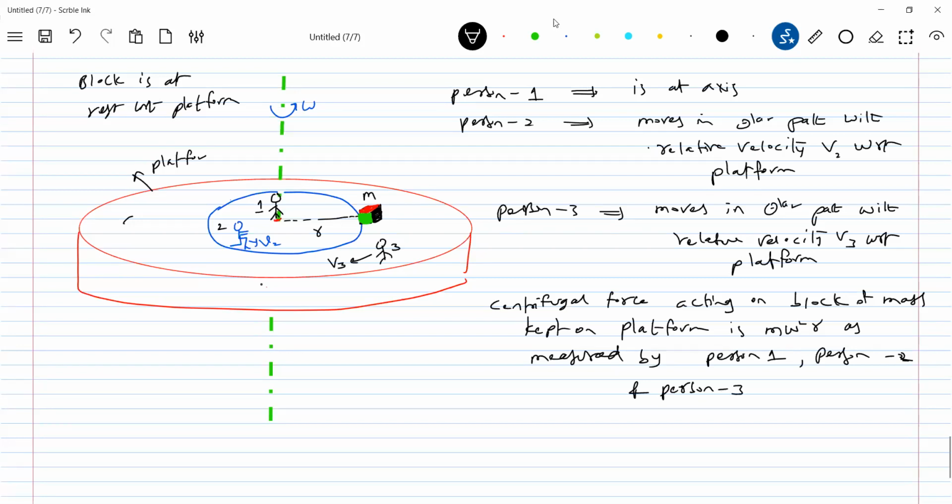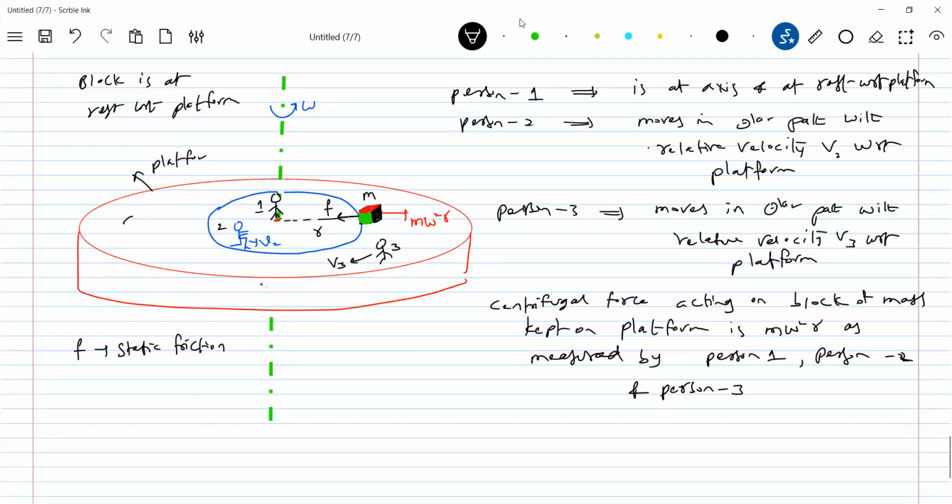Person 1 is at the axis and at rest with respect to the platform. So what is acting? I have to show that centrifugal force, m omega square r, and definitely it will be balanced by friction. Static friction will balance. F is the static friction.